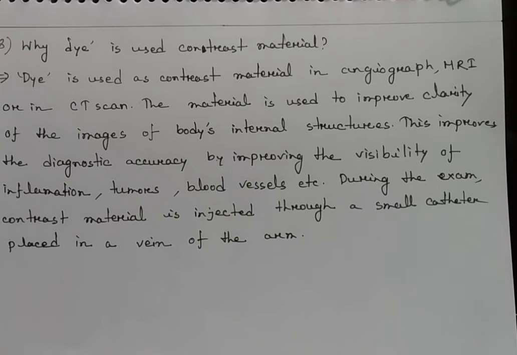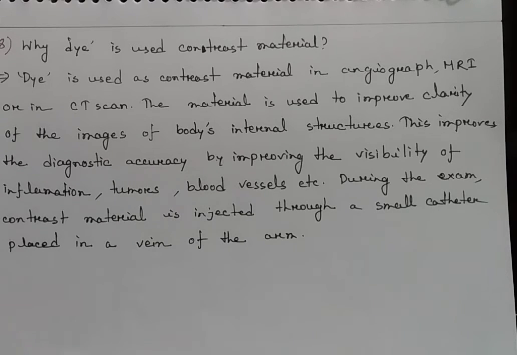This diagnosis process, that means MRI or angiograph or CT scan, is mainly done to detect some problem from the inner portion of our body, from some very sophisticated portion of our body. So dye is used as contrast material that improves the image of the body's internal structure.